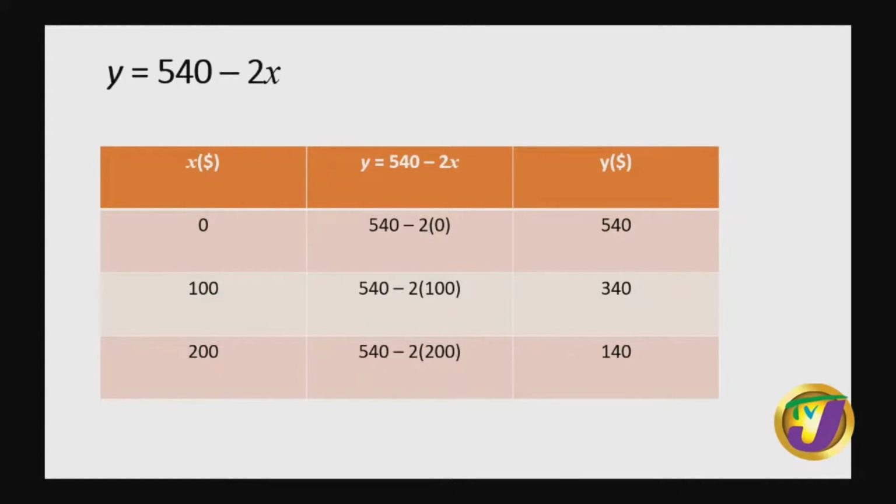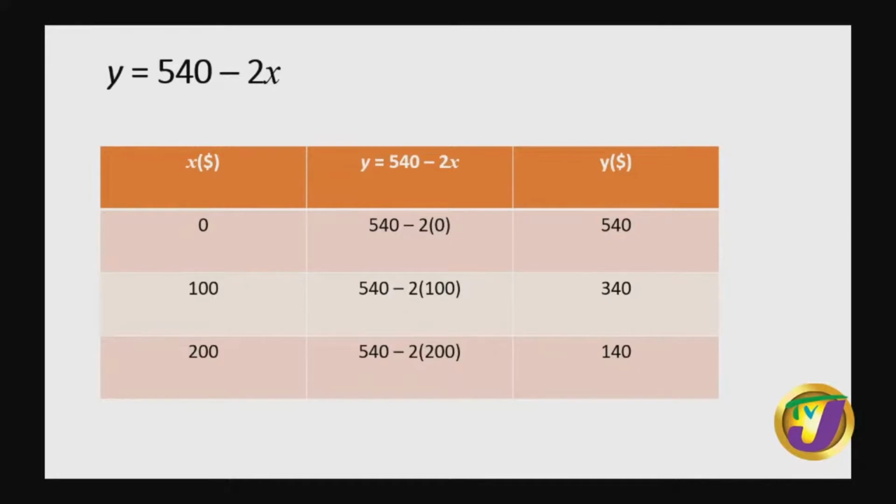So say for instance the patty cost $100, it would mean that substituting that 100 for x in 540 subtract 2x, it would be 540 subtract 200 because 2 times 100. And therefore, a box of orange juice would cost $340 if a patty were being sold for $100.